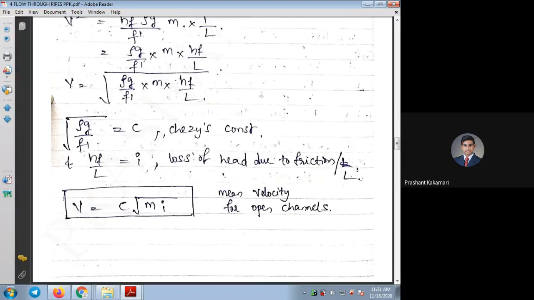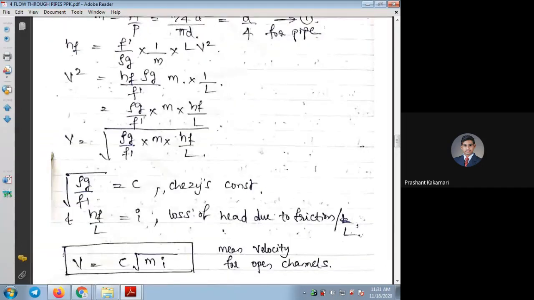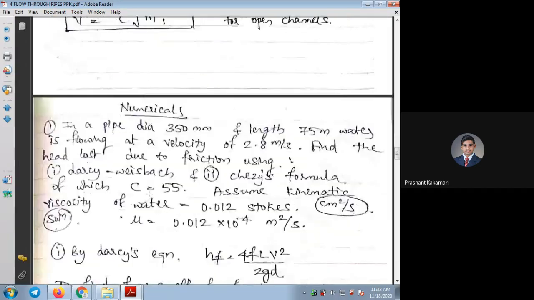Okay, but here f dash we don't know. f dash is nothing but the frictional resistance, that is not given. g is constant. Rho is density of water. In the problem they have mentioned water. So that also you can find out, how much will be f dash if the Chezy's constant is known.